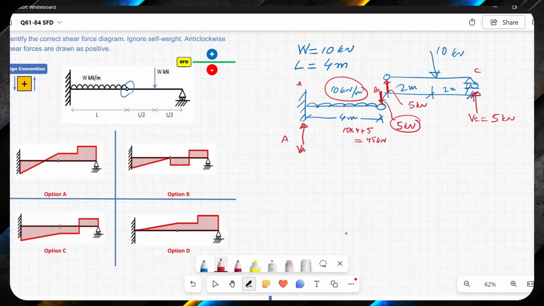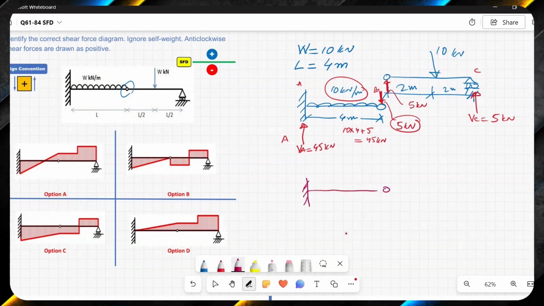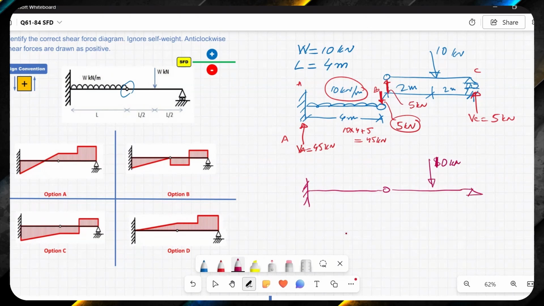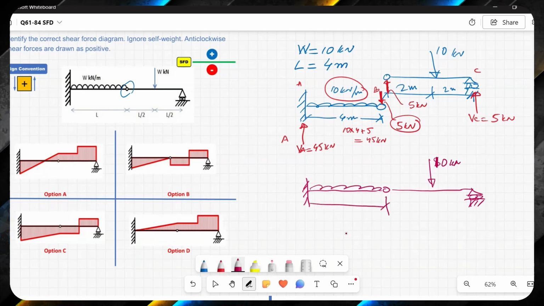So I can say that VA is equal to 45 kilonewton. And if you want to draw this now, you have all the information here. You have a UDL, you have a point load of 10 kilonewton, and you have a support which is a roller support. So let's draw the diagram, and this distance is 4 meters.